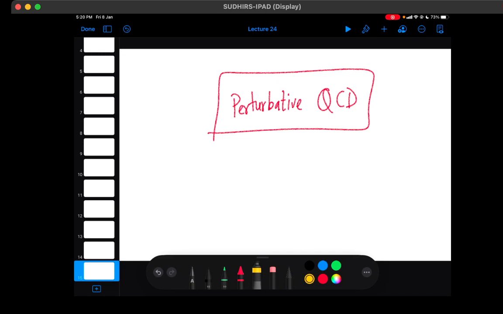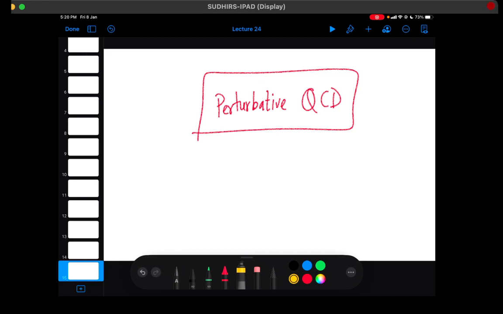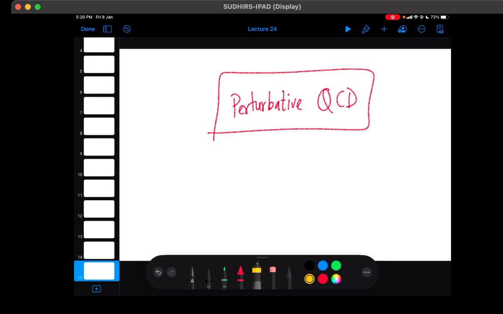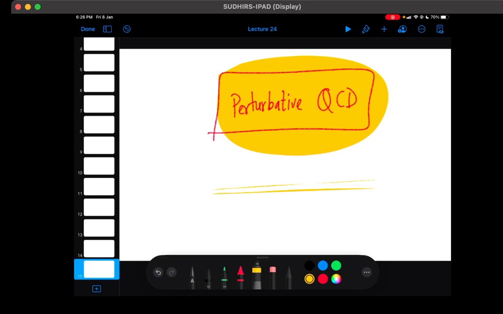So from now on, let's start discussing ideas related to perturbative QCD.